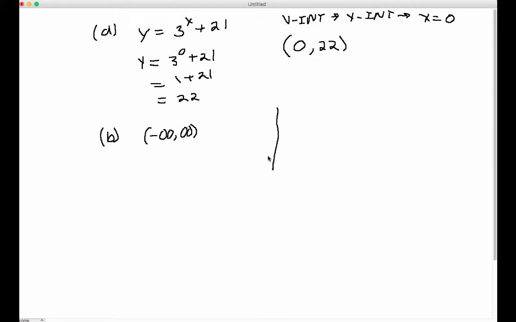If we were to take a quick, very sloppy graph of this, where it goes through y equals 21, which is our horizontal asymptote, the function would look similar to this, taking off like that, where that's the y-axis and that's the x-axis. Notice that the horizontal asymptote at y equals 21 shifts it up, but it doesn't change our domain in any way, shape, or form. This is still going from negative infinity out to positive infinity.